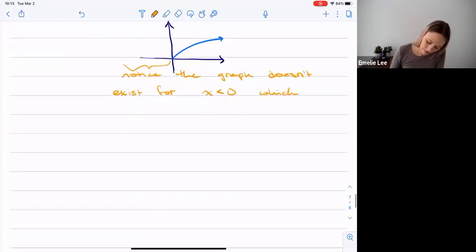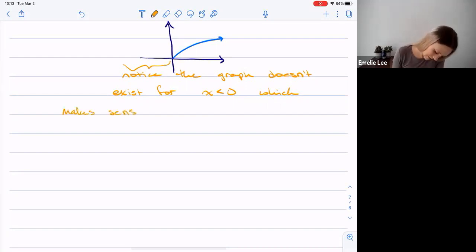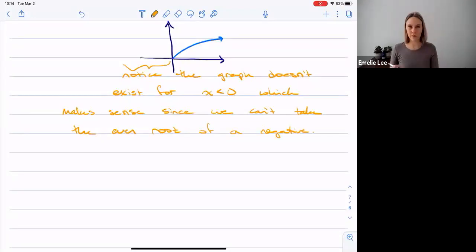Which makes sense since we can't take the even root of a negative, right?